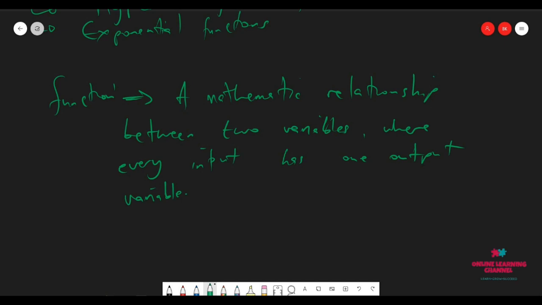Right. So here we are saying that if we are having an input x and then we plug it into some magical system, then we end up getting one output given by the variable y.